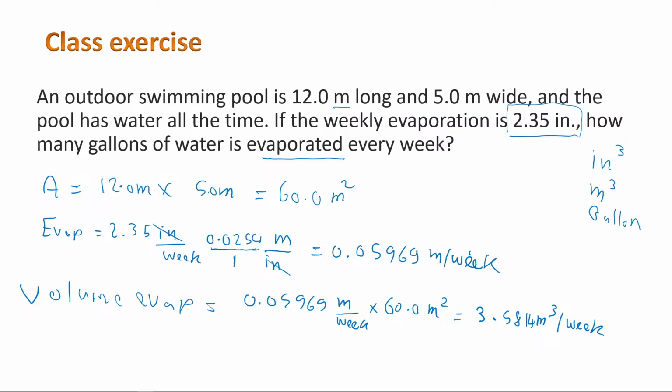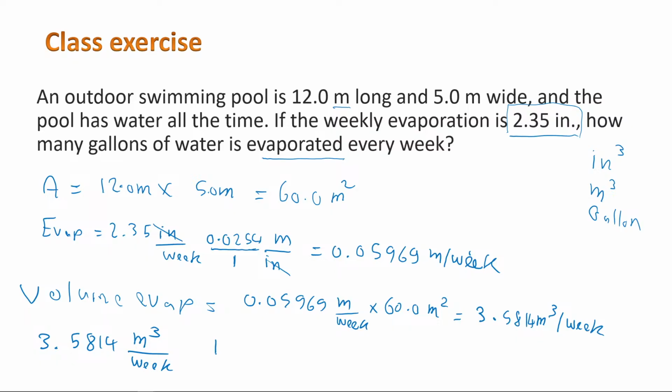So how can I do this? Again, I have 3.5814 meter cube per week. What do I want here? I don't want this to be meters. I want this to be gallons.